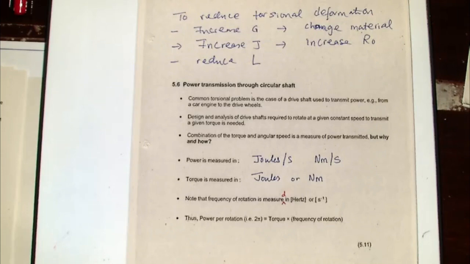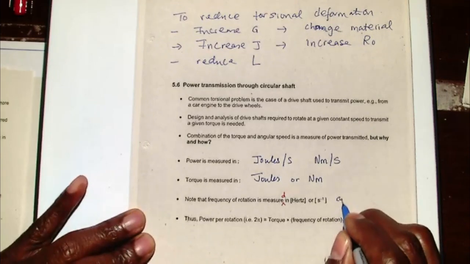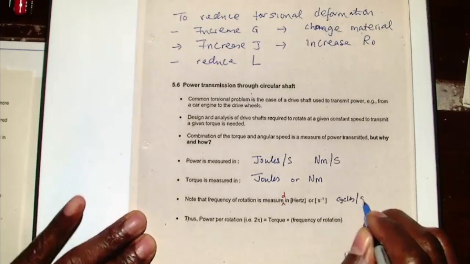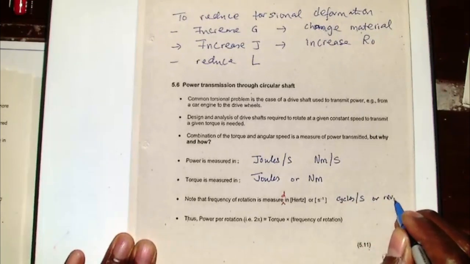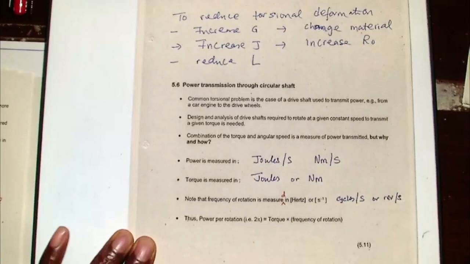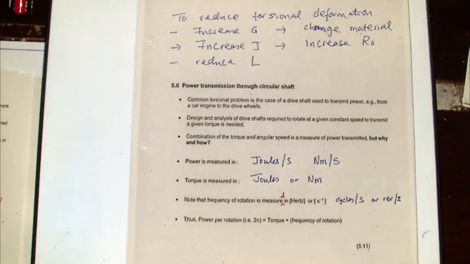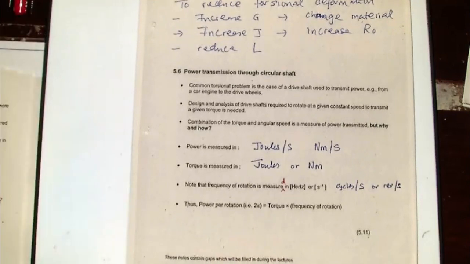The frequency, which I think you are all familiar with, is the number of circles per second, or you can say the number of revolutions per second. Now I want to link all of that together. If I'm transmitting power, I have a shaft that is rotating, and I ask myself, what is the power transmitted for every 1 revolution?